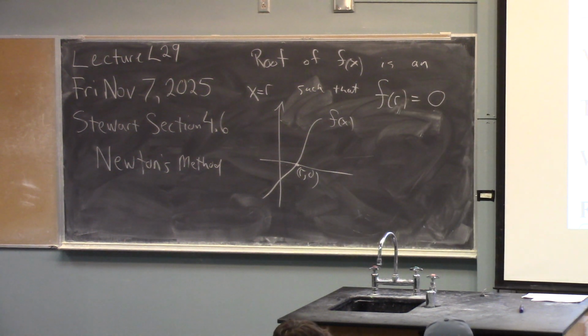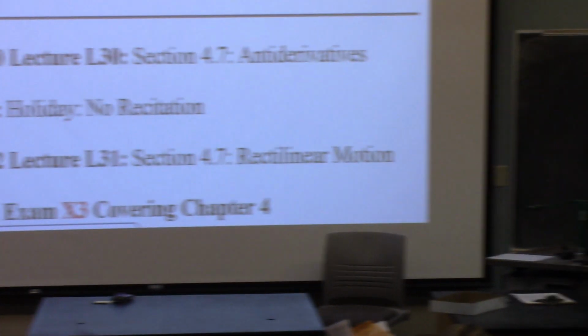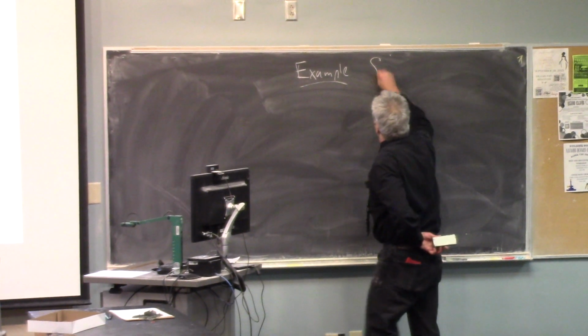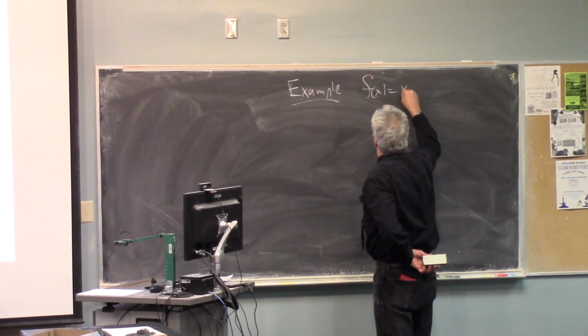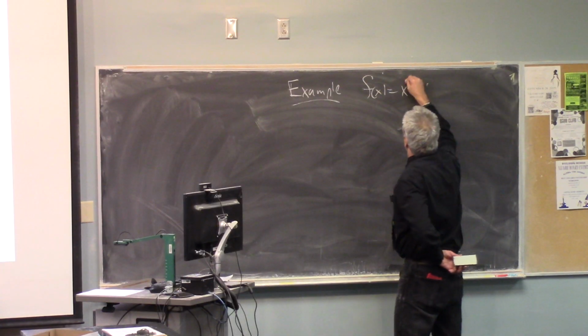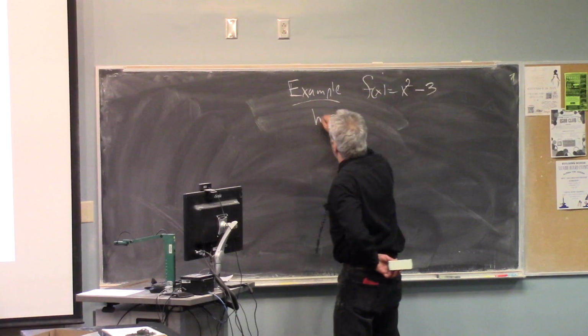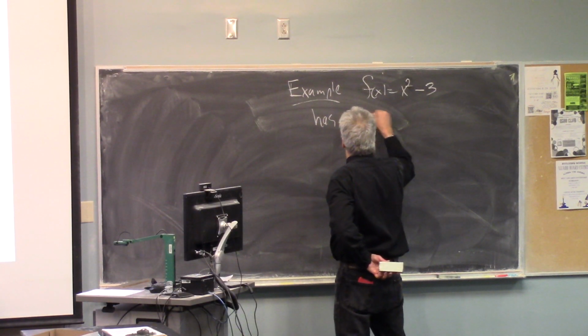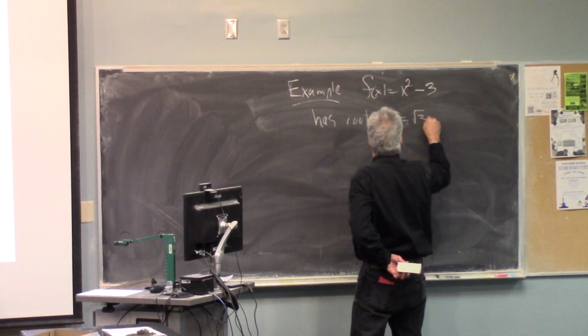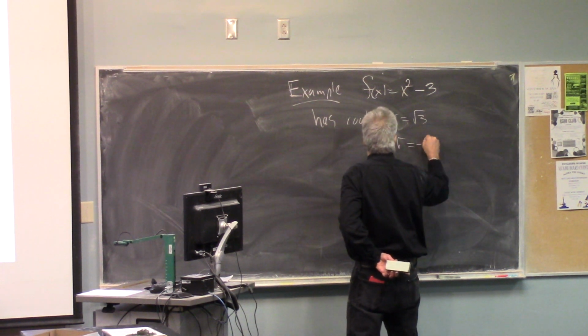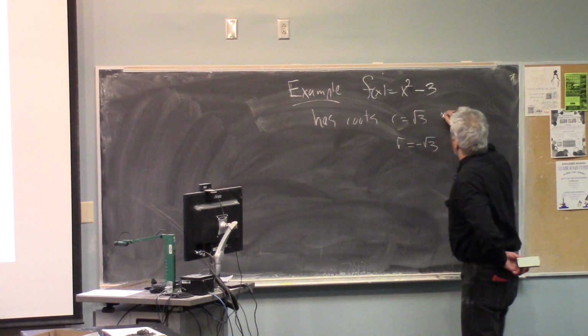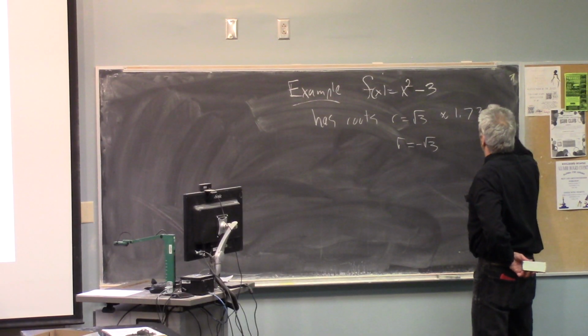And even the function that you're going to be dealing with in your handout, f of x equals x cubed minus x squared minus 3, has roots r equals square root of 3 and r equals minus square root of 3. And this is roughly 1.732.